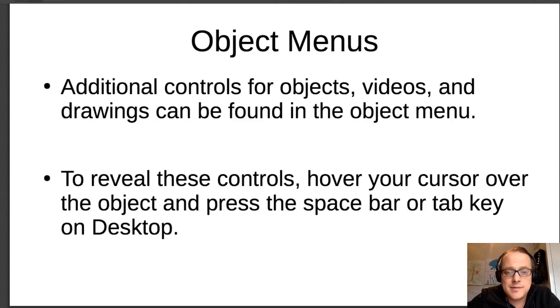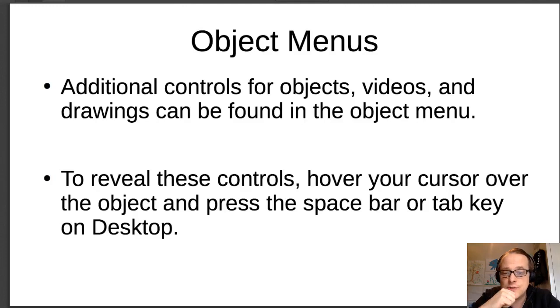We will see a screenshot soon that is also talking about object menus. This provides you an additional control for objects, for videos, and for drawings. To reveal these controls, you just move your cursor over an object, and then you press the space bar.